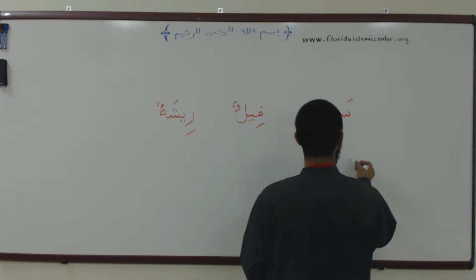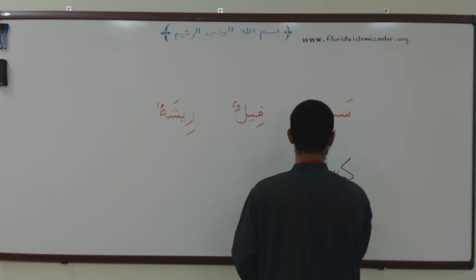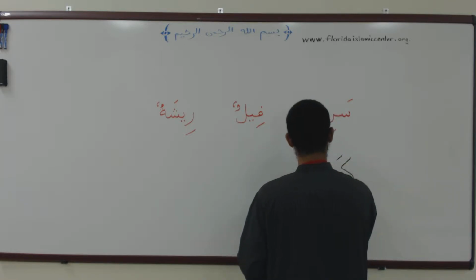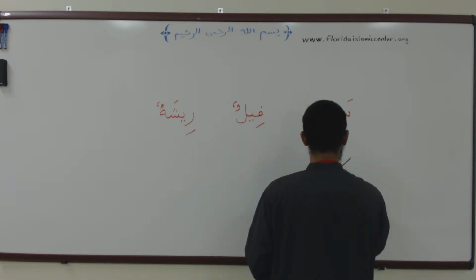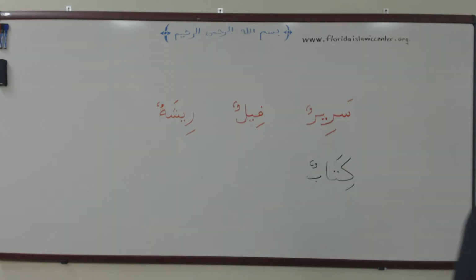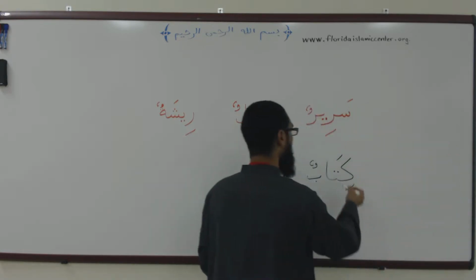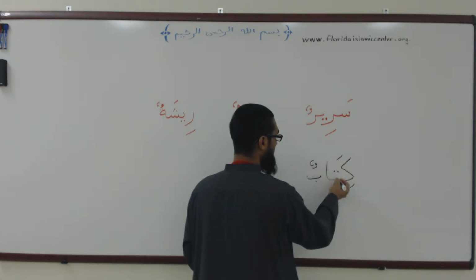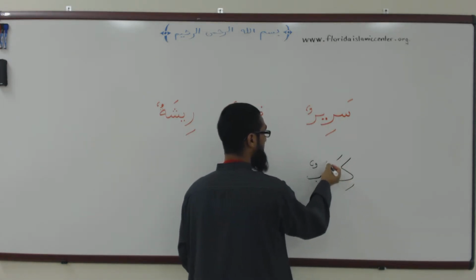Okay. You write from the right, going to the left. Kitabun. Notice the ta has a fatha and you're elongating it with the alif. Kitabun. What else?